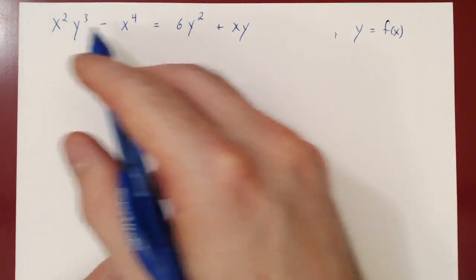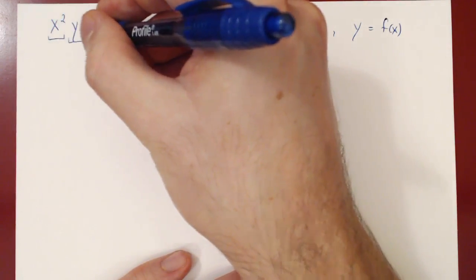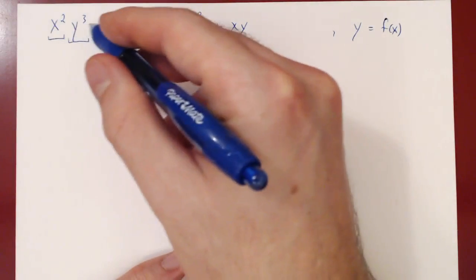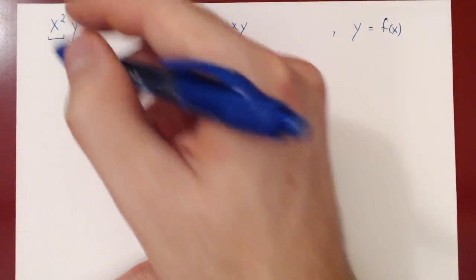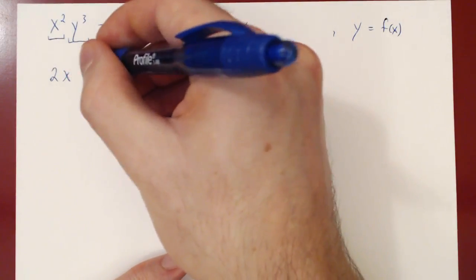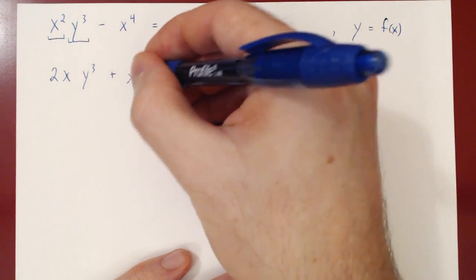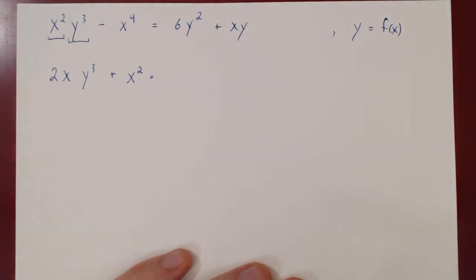So let's differentiate the left-hand side. Here we have a product, x squared times y cubed, so we apply the product rule. Derivative of the first term, 2x, times the second term, y cubed, plus the first term, x squared, times the derivative of y cubed with respect to x.